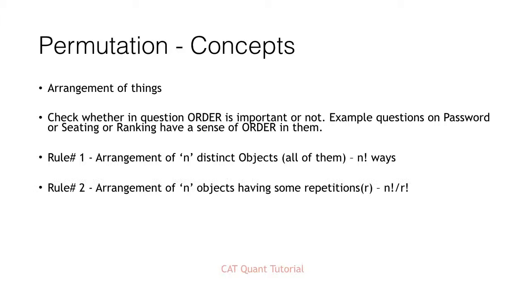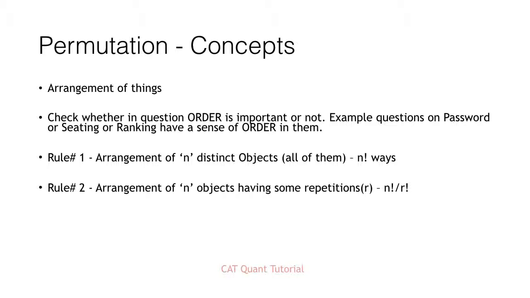Rule number 2 says arrangement of n objects having some repetitions can be done through n factorial divided by r factorial ways. I'll come to the questions and examples, how to explain all of these things, a little bit later. So let's just go with the rules as of now, and then we can come to the examples.